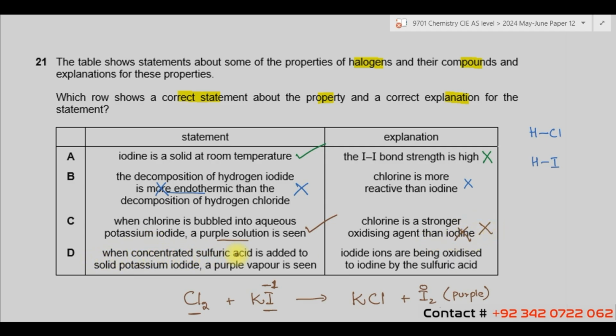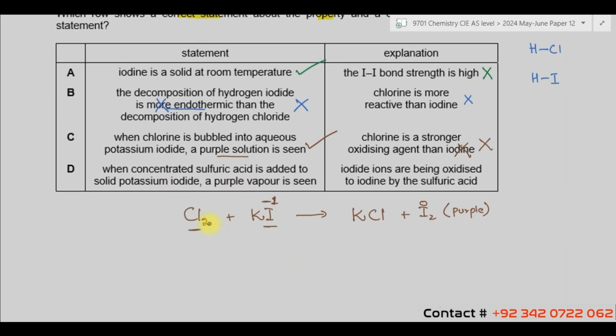Part D, when concentrated sulfuric acid is added to solid potassium iodide, a purple vapor is seen. Let's see. We have KI and concentrated sulfuric acid. It reacts to form potassium hydrogen sulfate along with hydrogen iodide. This hydrogen iodide can further react with sulfuric acid to form iodine plus sulfur dioxide plus water.